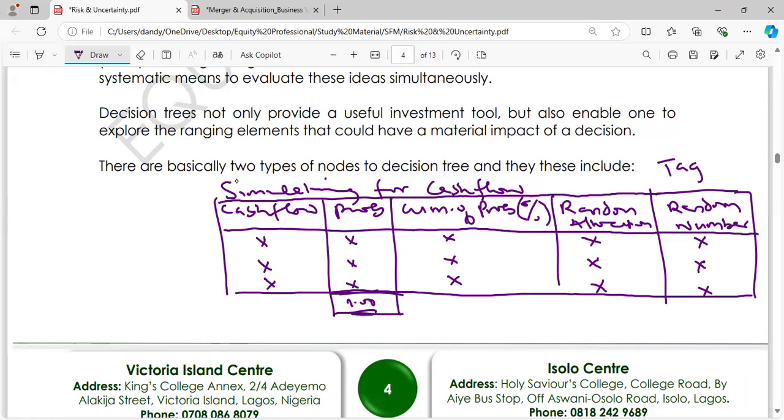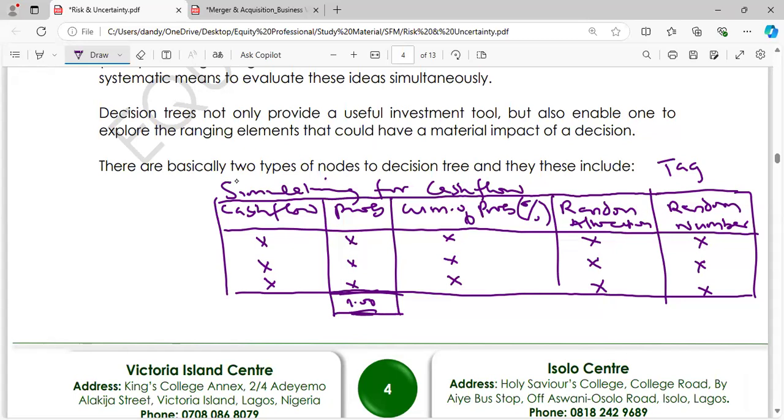So once you are done simulating for receipts and payments, you then proceed to calculating the expected NPV. After you have computed the NPV based on the set of numbers given to you, then you find the average NPV. So that will give you the expected NPV that you are supposed to calculate.